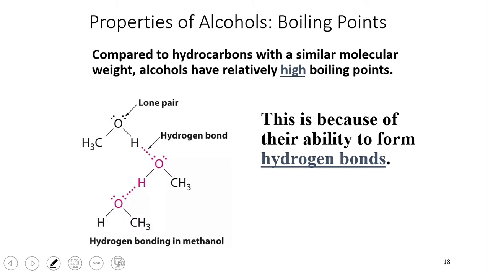In terms of properties, we are familiar with the use of boiling point as an index, as a window into the types of intermolecular forces that are present in substances.